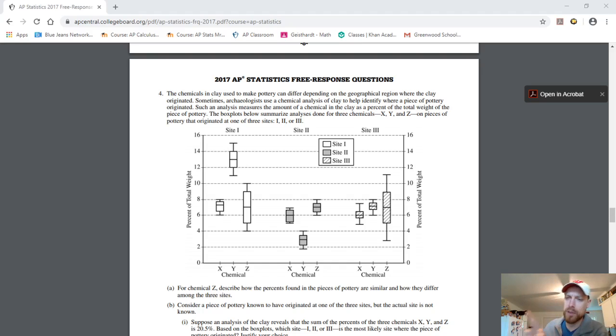All right. So let's do kind of a rough check. So we're looking at the sum, right?